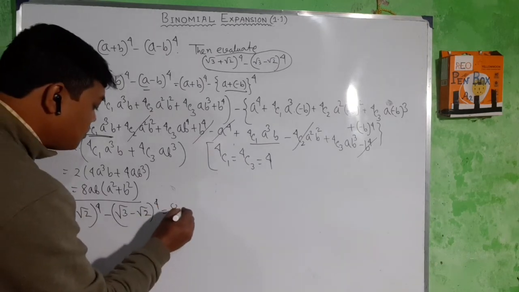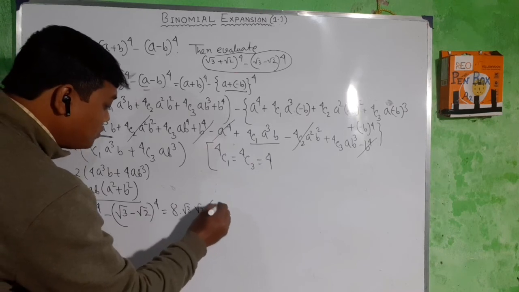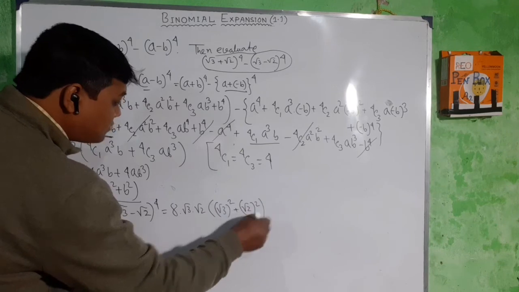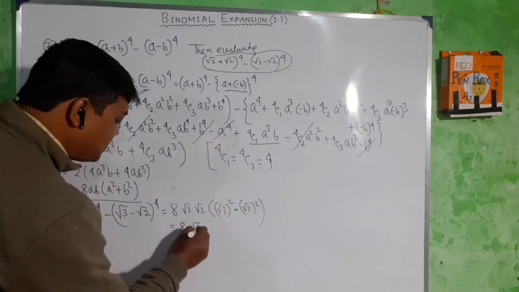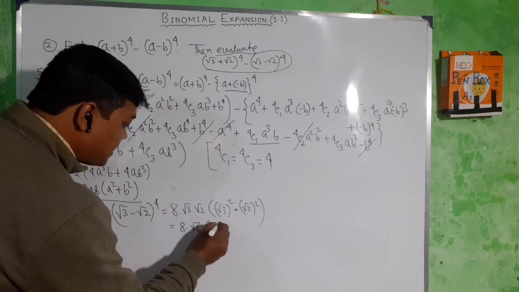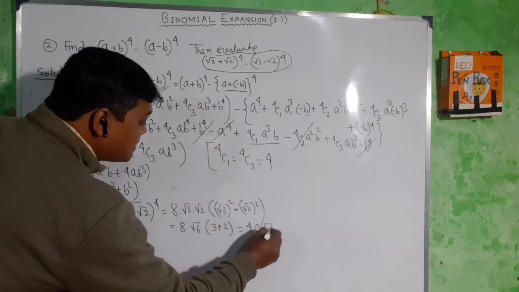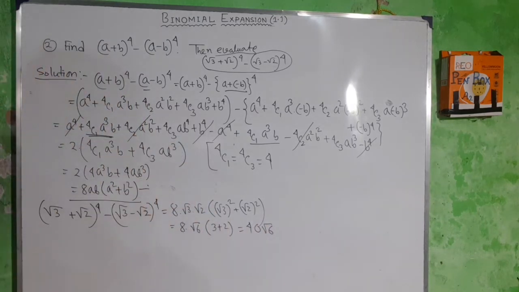So 8 into root 3 root 2, root 3 whole square plus root 2 whole square, so 8 into root 6, and this gives 3 plus 2, that is 40 root 6. Just using the previous result, 8ab into a square plus b square.